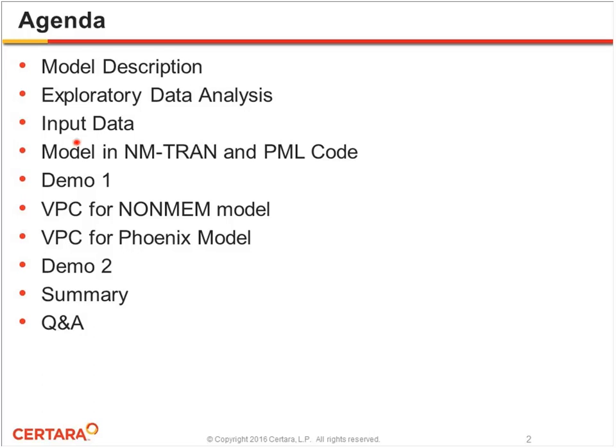Then we go into the details of the NM-TRAN code for NONMEM and the PML code for the Phoenix NLME model, line by line, which is then followed by the first demo, where I just show you how to set this up and run this. This is then continued with the validation, VPC for NONMEM and for Phoenix, again showing this in a demonstration, finishing with a summary and a Q&A.